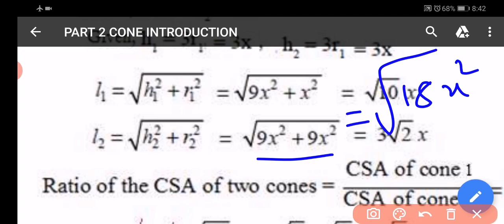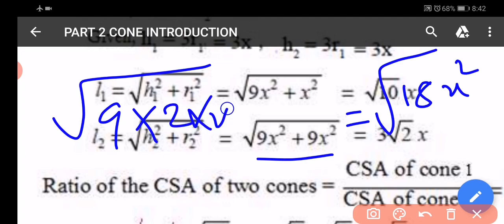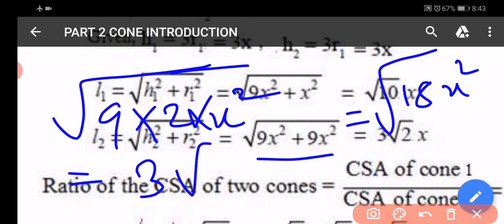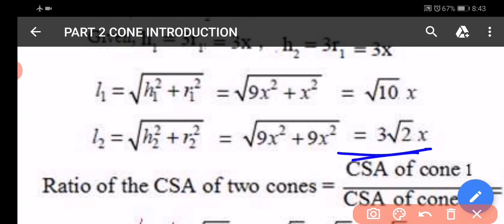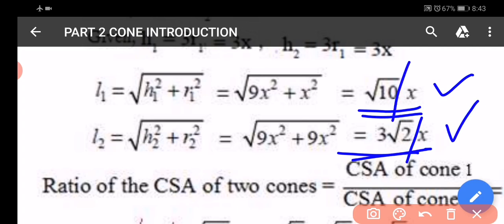So split 18 as square root of 9 into 2 into x squared. So taking root 9 is 3, 2 is not a perfect square number, so 3 root 2, and taking root of x squared we get x. So 3 root 2 into x. This is the slant height of the second cone. So the slant height of the first cone is root 10 into x, the slant height of the second cone is 3 root 2 into x.